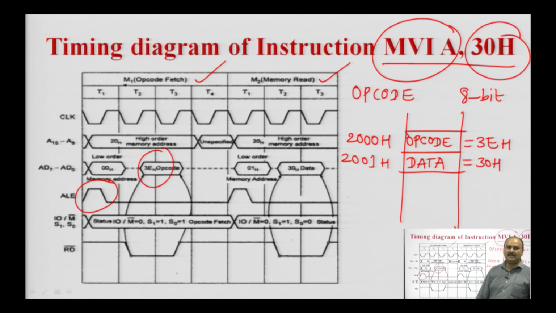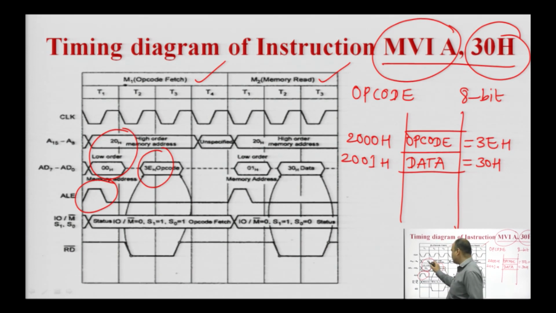With the help of the ALE signal, the microprocessor will enable the latch, which is IC 74LS373. This IC is enabled with the help of the ALE signal. When the latch is enabled, the processor will hold the low order address on A0 to A7. So, this is the address, that is 2000H.